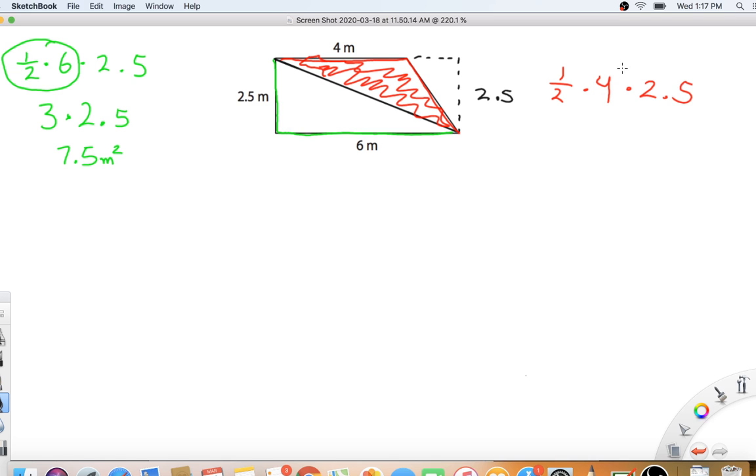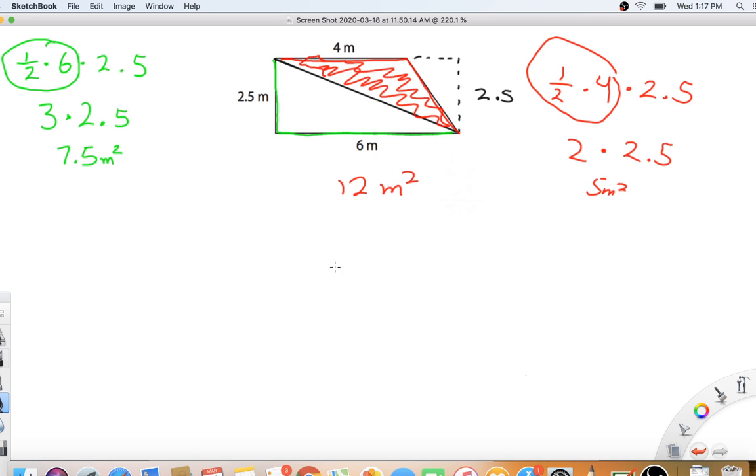Times 2.5. Half of 4 is 2 times 2.5. Again, I'll show my work. 2.5 times 2, 10, carry the 1, 4, 5, 5.0. So it would be 5.0 or just 5 for this area. 5 meters squared. When I add both of these together, I get 12 meters squared.